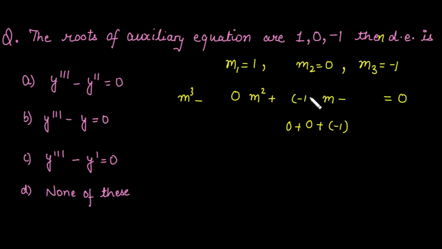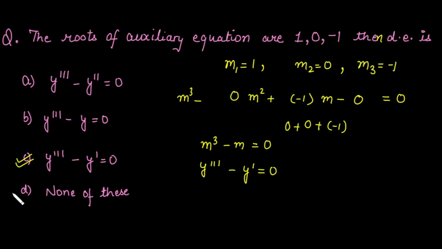That is minus 1. Now the product of all these three numbers is 0. So we have m cube, this term is 0, plus minus 1 is minus m, and this is also 0, this is equal to 0. From here, the third order derivative, because m cube, minus first order derivative is equal to 0. It means option C is correct.